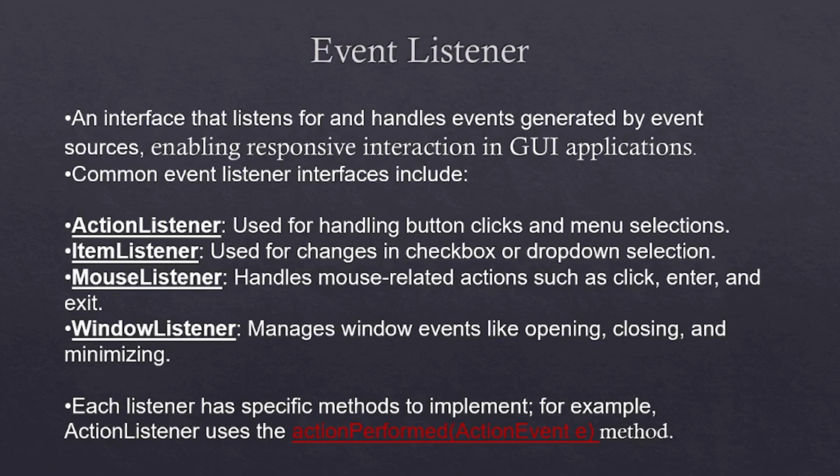Each of these listeners will have a specific method for implementation, their own kind of method. One example is the action listener. The method used here is actionPerformed, with the parameter being ActionEvent e, and this e is a variable.